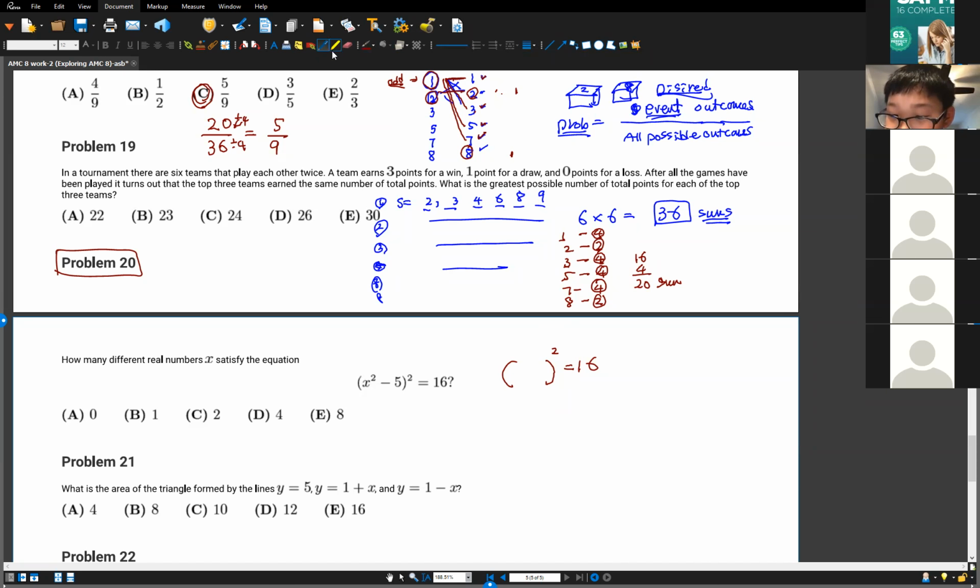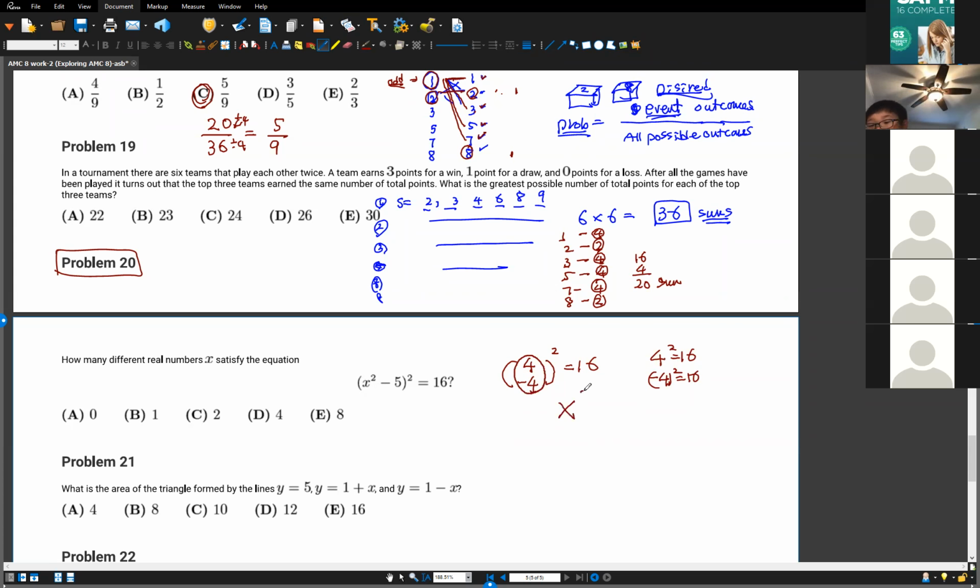What about negative 4? Negative 4 squared is also 16, right? Are you agreed? 4 squared is 16. Negative 4 squared is also 16. So the number inside should be either.